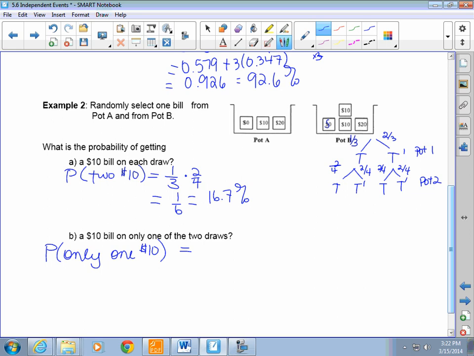So probability of getting a 10 on the first draw, we have a 1/3 chance of getting it. So then that means the second draw from the second pot you wouldn't get it, so that would be 2/4. So that's if this is first bill.